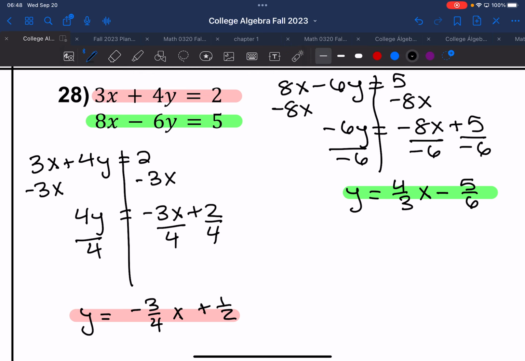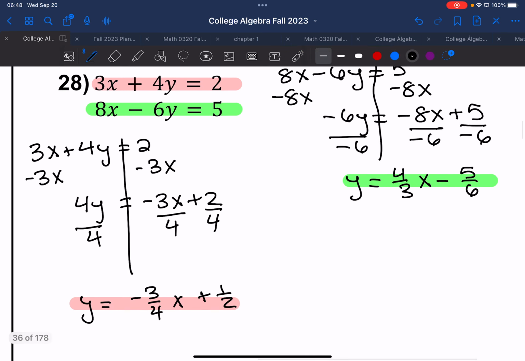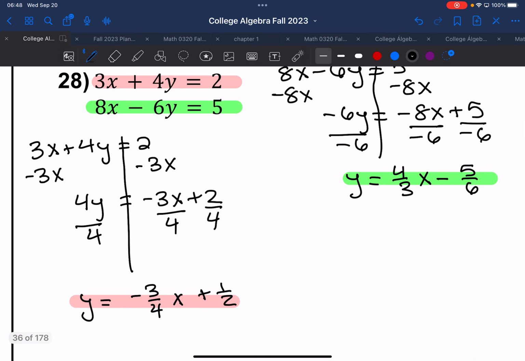So, looking at our first equation that I have highlighted in pink, what is the slope? -3/4. And the equation in green? Good, 4/3. So they're not the same, so that means they're not parallel.